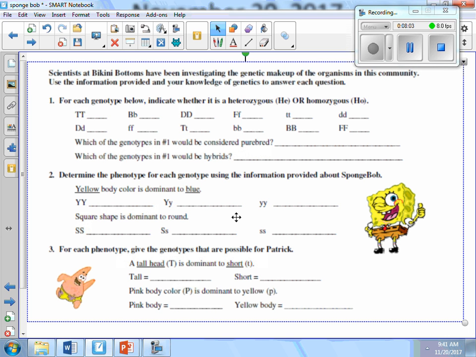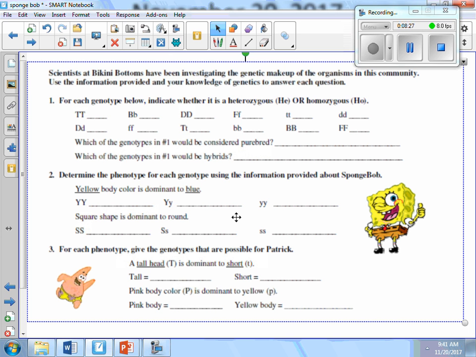Page 5 looks like this. Yeah, the different yellow notes. Manila notes. All right, Manila notes, page 5. There we go. All right, so the top says scientists have been investigating the genetic makeup of the organisms in this community.